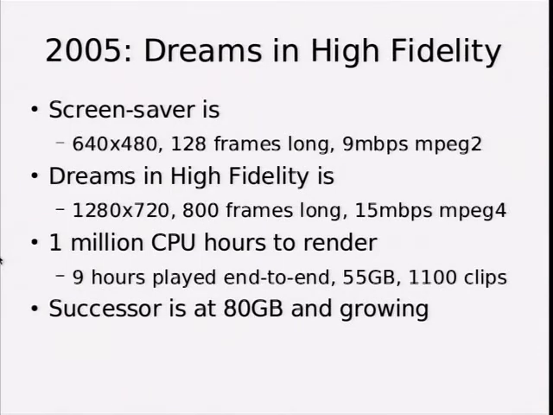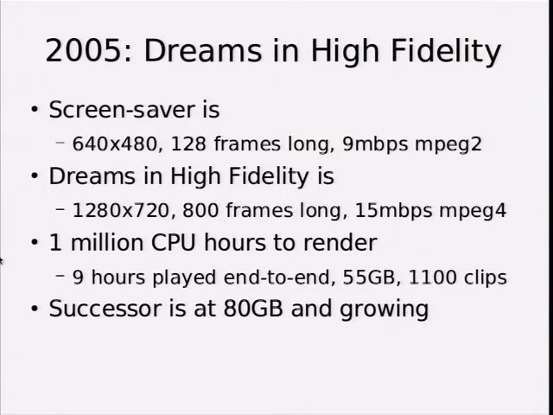Okay, and so just moving on, I think in 2005, about this time last year, is when I began working on the high fidelity version. The screensaver runs at normal video resolution, 640 by 480, and it's stored as 9 megabit MPEG-2. Each sheep is 128 frames long, which is about 4 or 5 seconds.